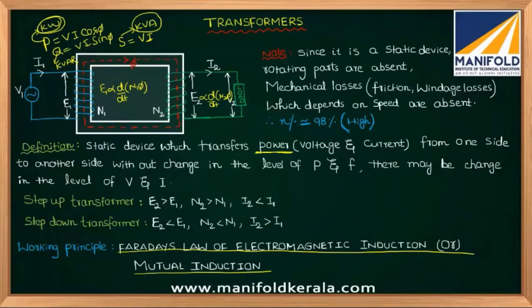And what about the third point? Can I call the transformer a constant frequency device? I think yesterday only I gave the explanation. While transferring power from one side to the other, there should not be any change in the frequency level. Suppose the voltage source has frequency f; whatever voltage you get at the load, that load should also have the same frequency f only.